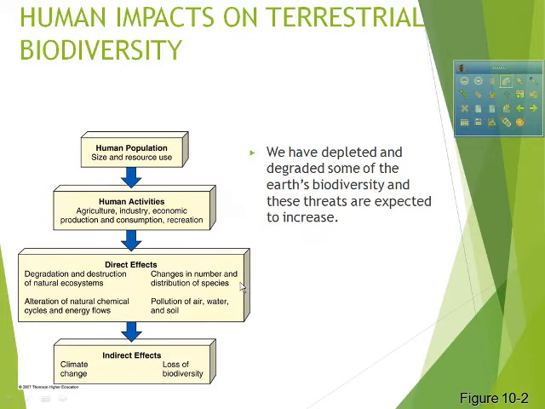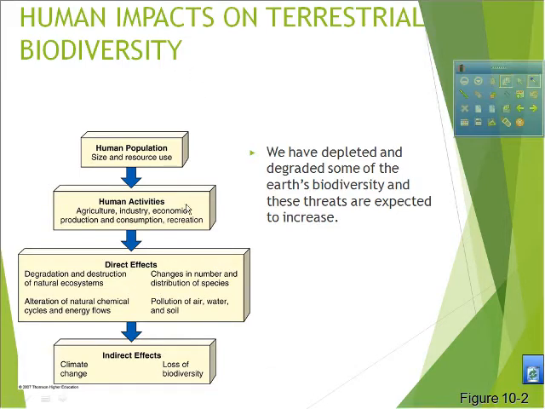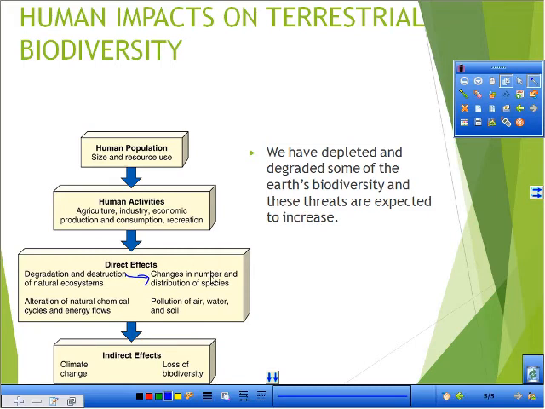So the direct effects of our activities is degradation and destruction, is flat out, you're cutting down forests, you're dredging, you're draining rivers, streams, whatever to use water. So that changes, as a result of that. So you really could put like an arrow over to here.